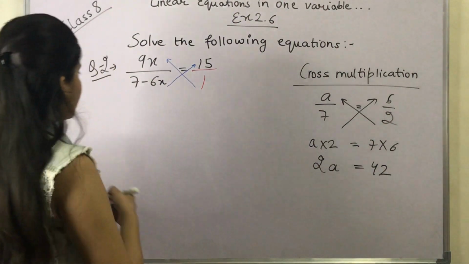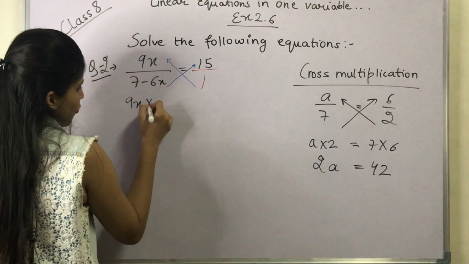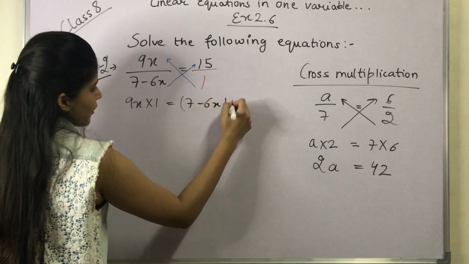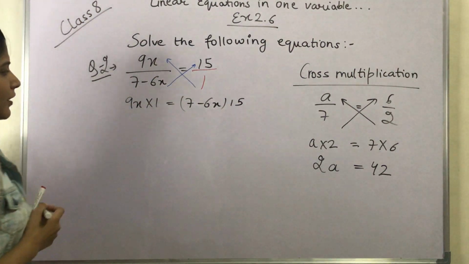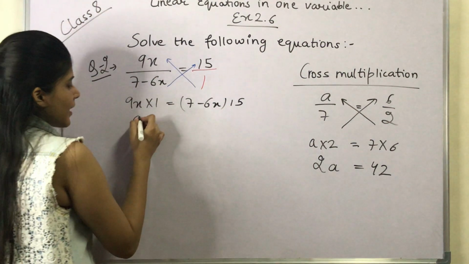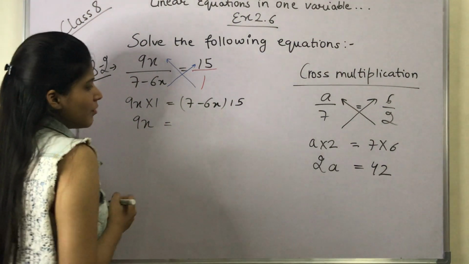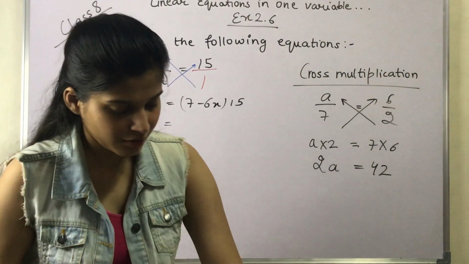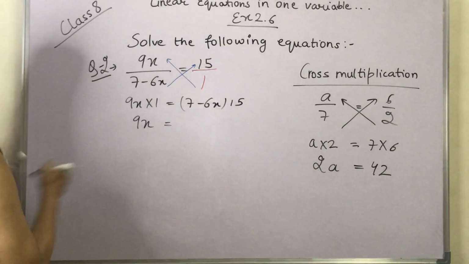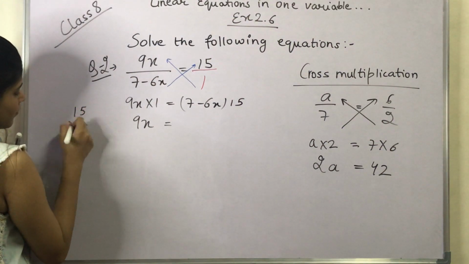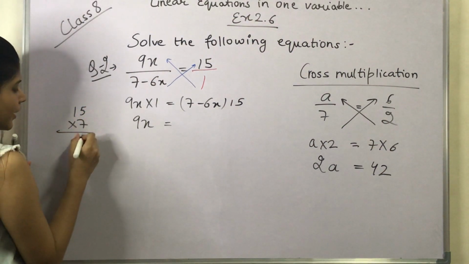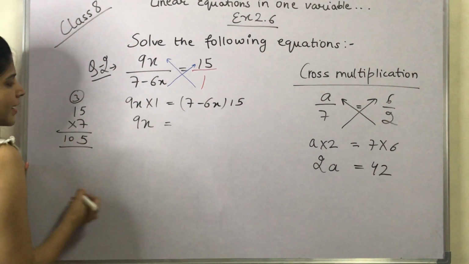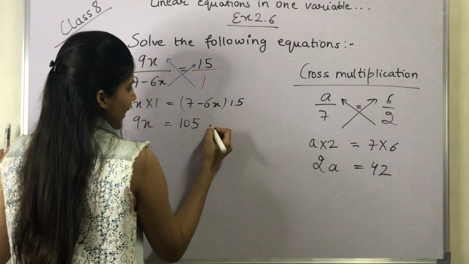So 9x into 1 equals (7 minus 6x) into 15. Now 9x into 1 is 9x only, equals, now 7 into 15 is 15 into 7. 7 fives are 35, 3 carry, 7 ones are 7 plus 3 is 10. So 105.